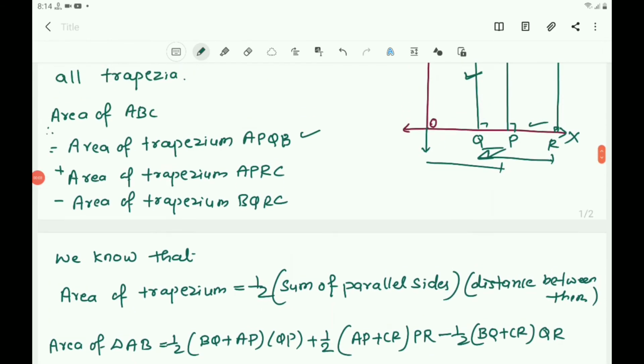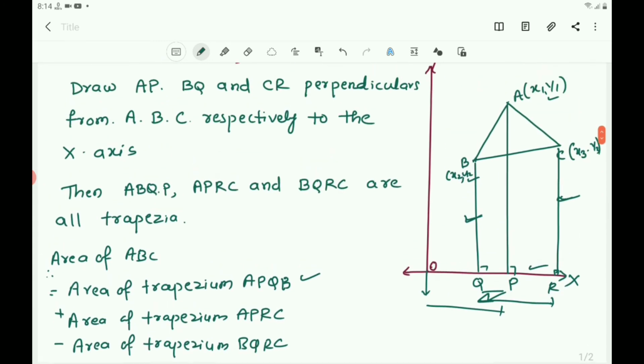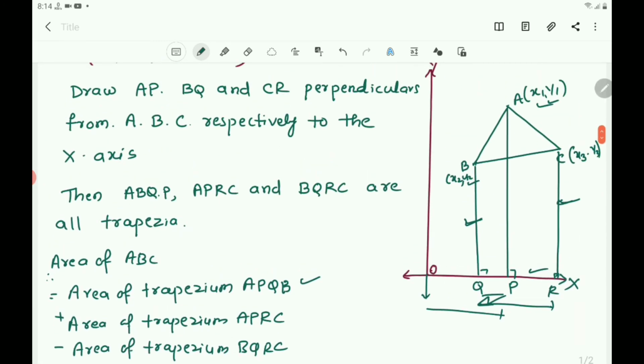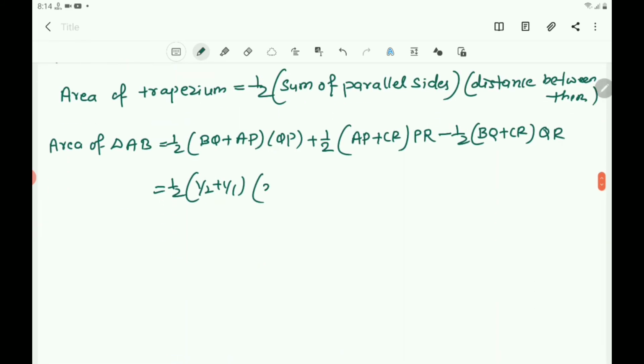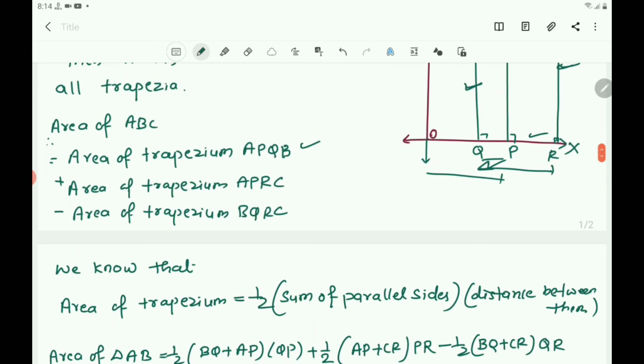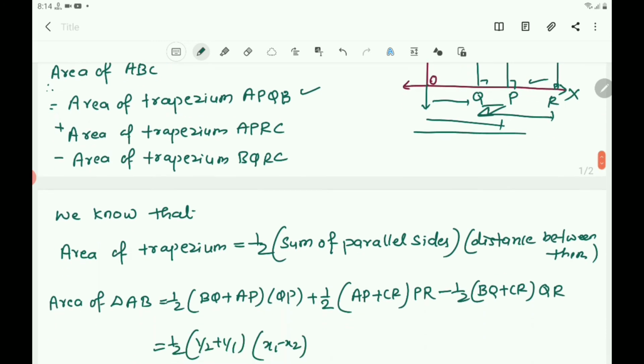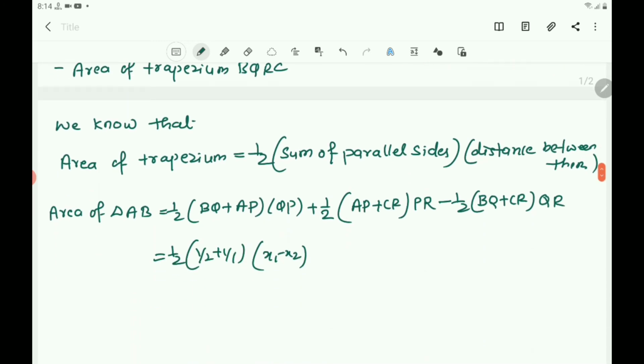PQ is the distance from P to Q, where P is x1 and Q is x2, so you take x1 minus x2. That is QP minus OQ, where QP is x1 and QO is x2.